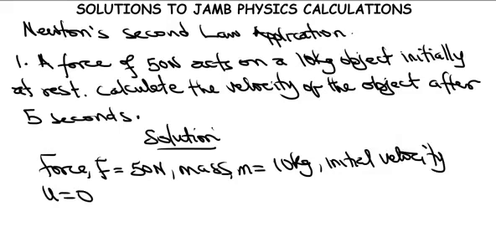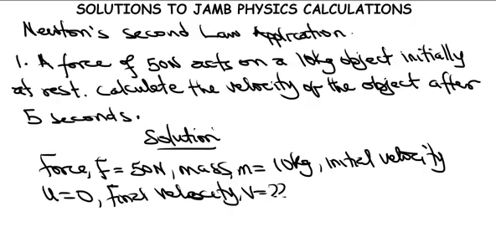Then calculate the velocity of the object after the time. That means we want to calculate the final velocity. Velocity, that's V, and V is unknown, and we are given the time. The time T is given as 5 seconds.